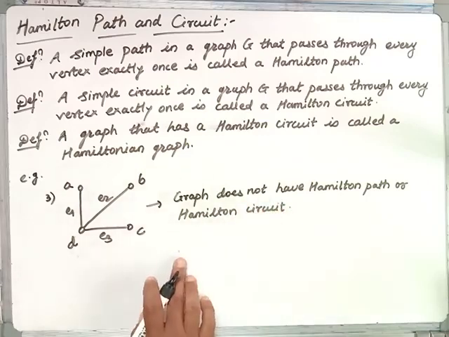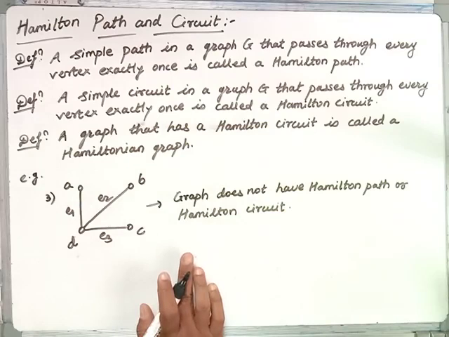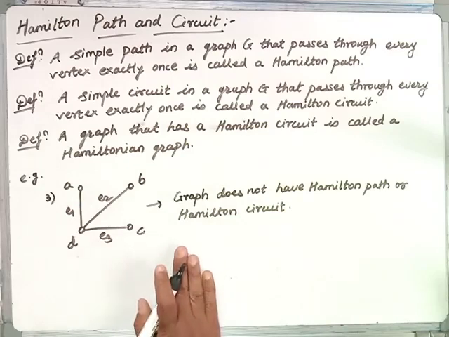So this is about the Hamilton path and Hamilton circuit. Now the concept of the Hamilton circuit has its origin in the Icosian puzzle invented in 1857 by the Irish mathematician Sir William Rowan Hamilton. He made a wooden dodecahedron with a peg at each vertex and a string. Each of the 20 vertices of the dodecahedron was marked with the name of a city.